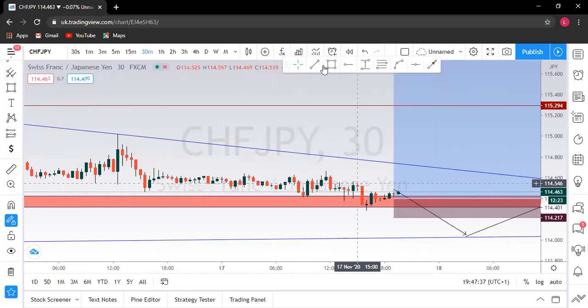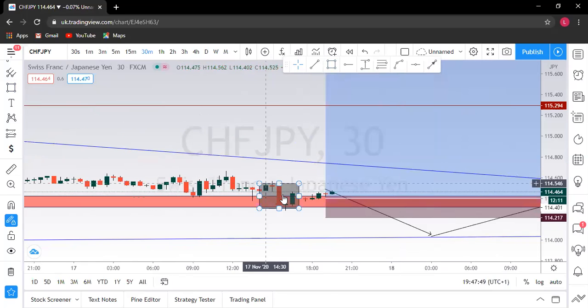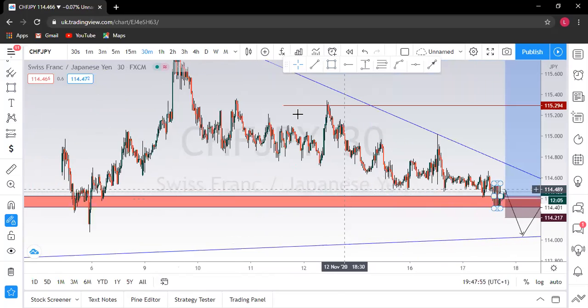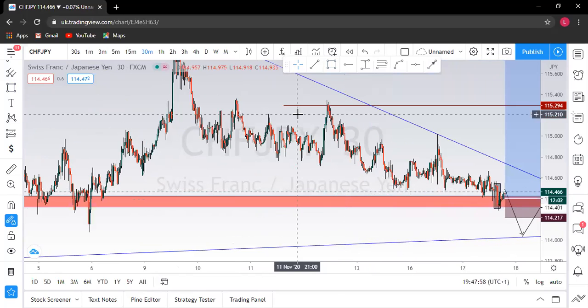This is a morning star on 30 minutes. Can you see? If you've read the Candle Bible study that I shared with you, you will understand that this is actually a morning star. You understand? Which is also supporting our buy of this CHFJPY, right?